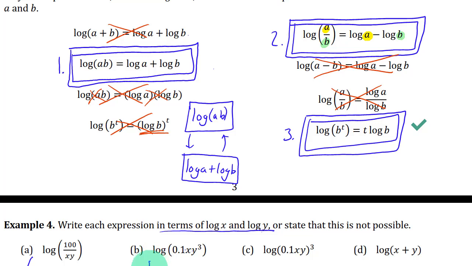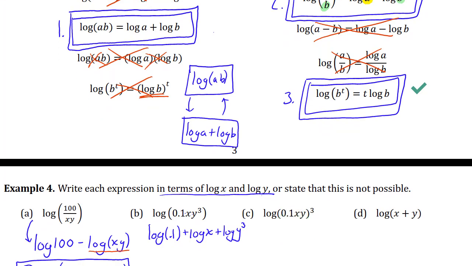So this is going to turn into log of 0.1 plus log of x plus log of y cubed, using log law 1 here, that says when they're multiplied inside the input into the logarithm, you can separate them out into separate logs here.